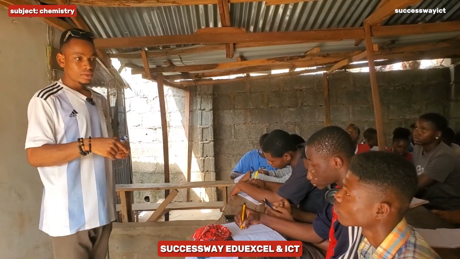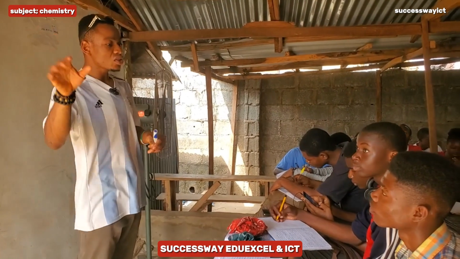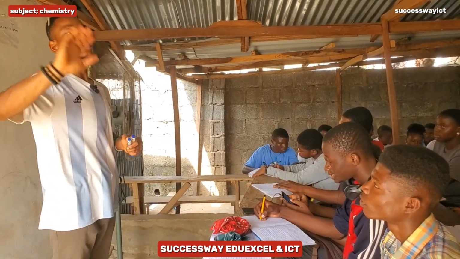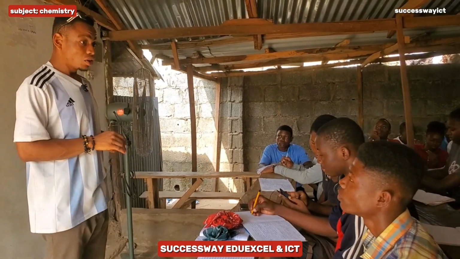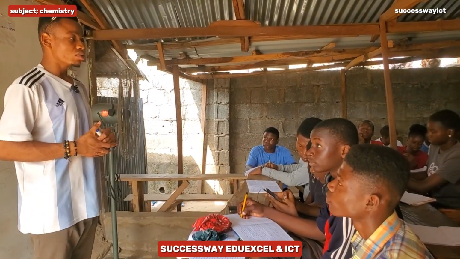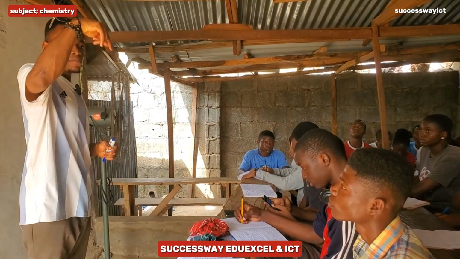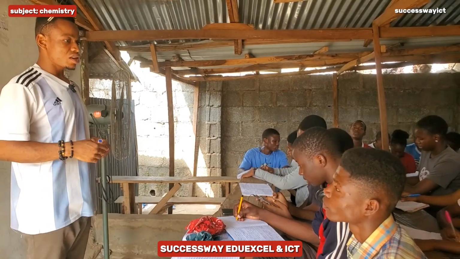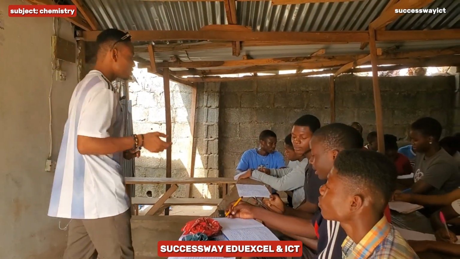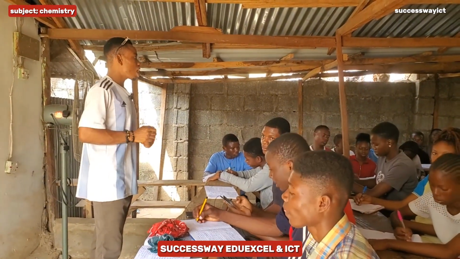When we get to organic chemistry, you will know what they call saponification and esterification. When we get to esters, fats and oils, all those ones, you will understand them. Saponification is the reaction of an alkanoate with a base, while esterification is the reaction of alkanoic acid with alkanol in the presence of a mineral acid to form esters. Saponification has to do with soap, glycerol, all those ones. Are we there, class?